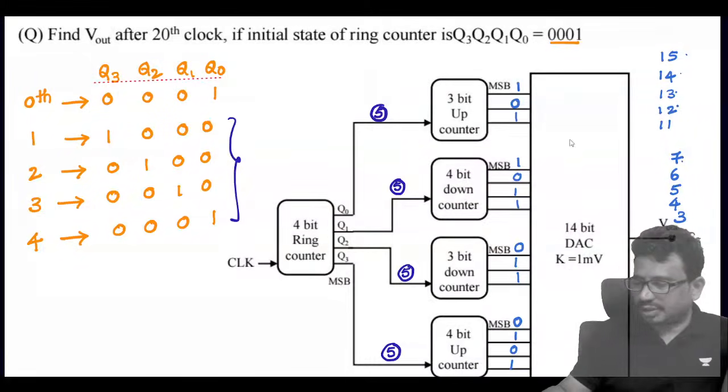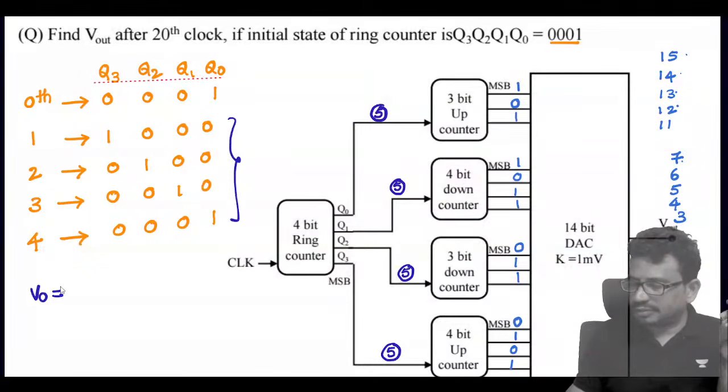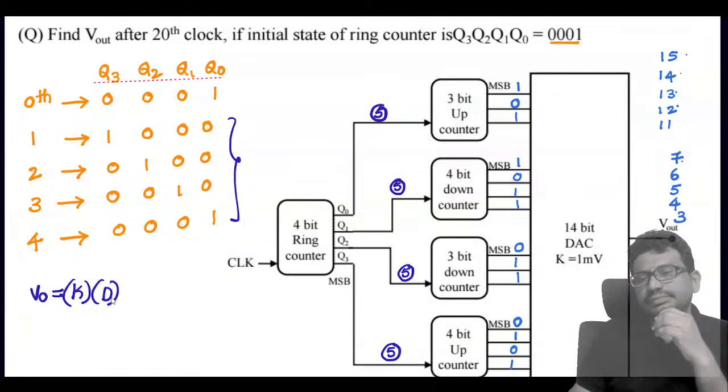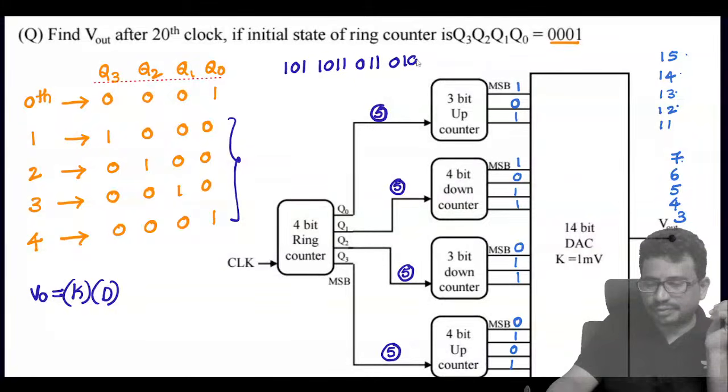Now what is this output we have? So this is K into decimal equivalent. And what is this decimal equivalent value, tell me how much? This is 1, 0, 1, 1, 0, 1, 1, 0, 1, 1, 0, 1, 0, 1.